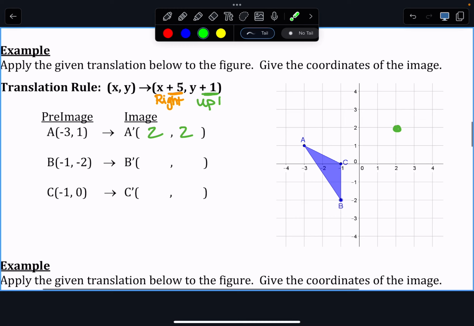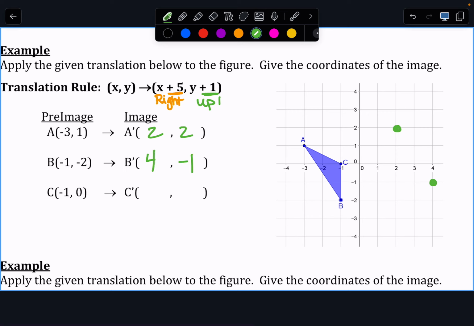B: here I am at -1, -2, and we need to go 1, 2, 3, 4, 5 to the right and up 1. Right 5 and up 1. Where am I? 4, -1.